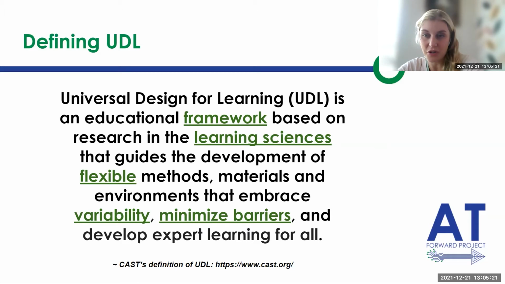They've done a ton of research nationwide to really benefit and support this. There are modules you can gain access to, as well as tons of resources to share with families, educators, and other people in your school district. From their perspective, this is how they define universal design for learning: an educational framework based on research in the learning sciences that guides the development of flexible methods, materials, and environments that embrace variability, minimize barriers, and develop expert learning for all. And that key is expert learning for all.